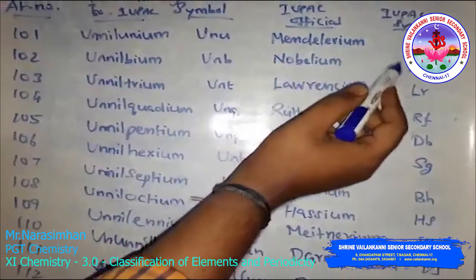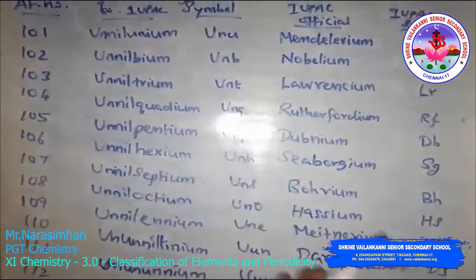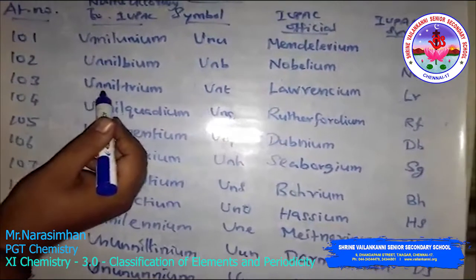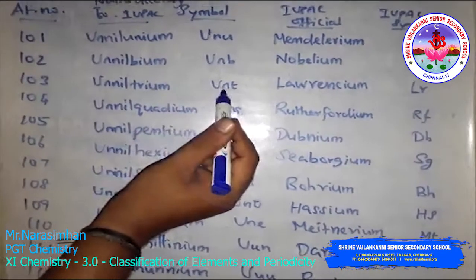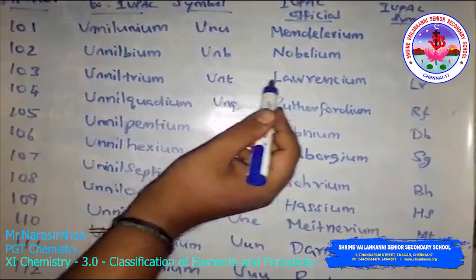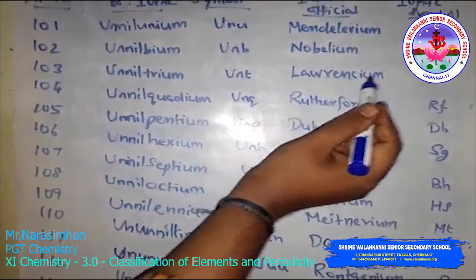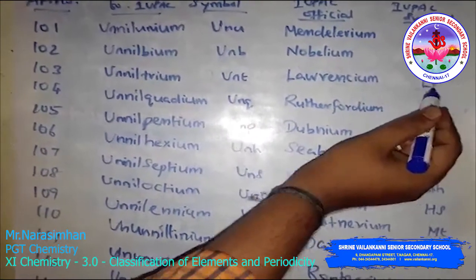Here the first letter is capital, second letter is small on all elements. Then atomic number 103, Unniltrium, the symbol is Unt. The IUPAC name of the element is Lawrencium, the symbol is Lr.